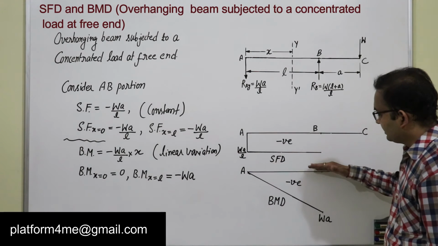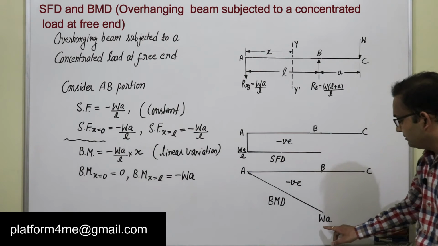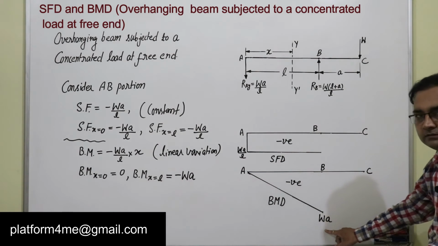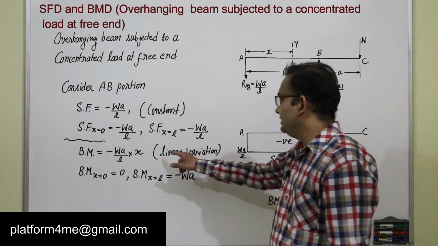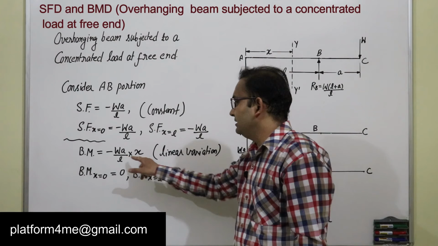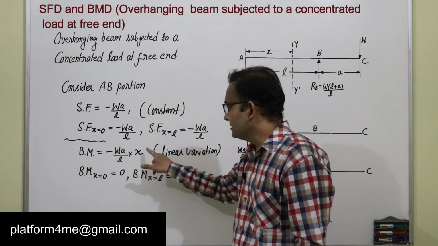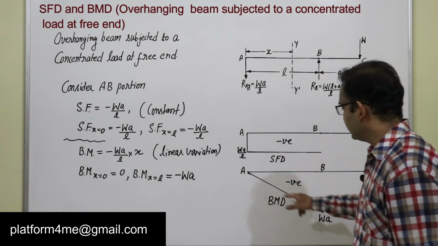So, below this line it is minus. I have written here WA, means it is minus WA, and it is a linear variation, it is a linear equation in x. So, it will be a straight line.